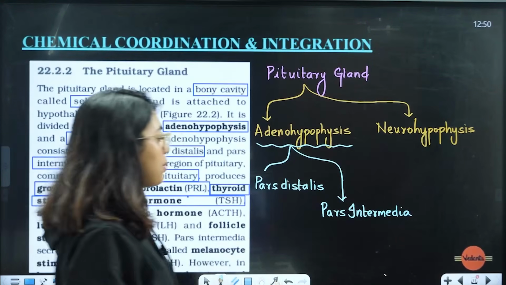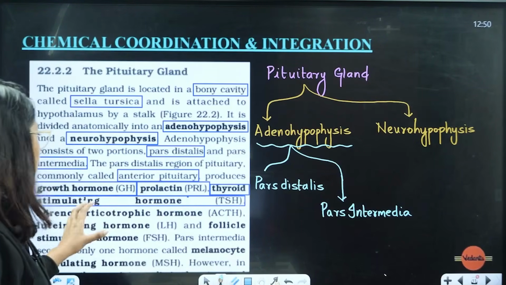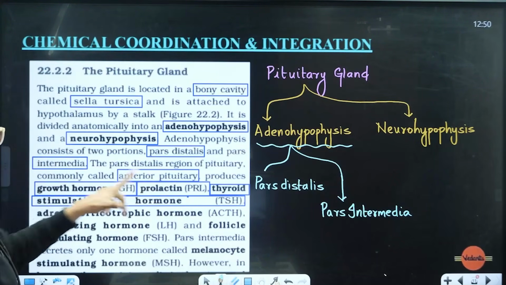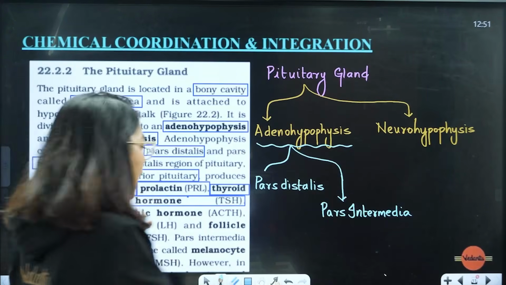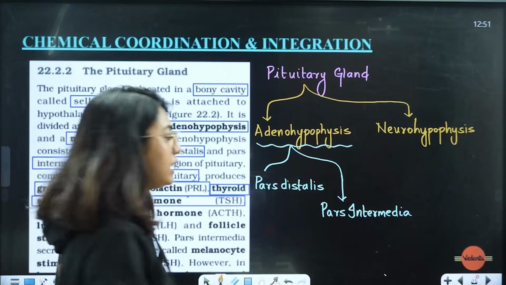Pars distalis and pars intermedia. The pars distalis region of the pituitary is called what? Anterior pituitary. The pars intermedia will obviously be called the intermediate lobe.